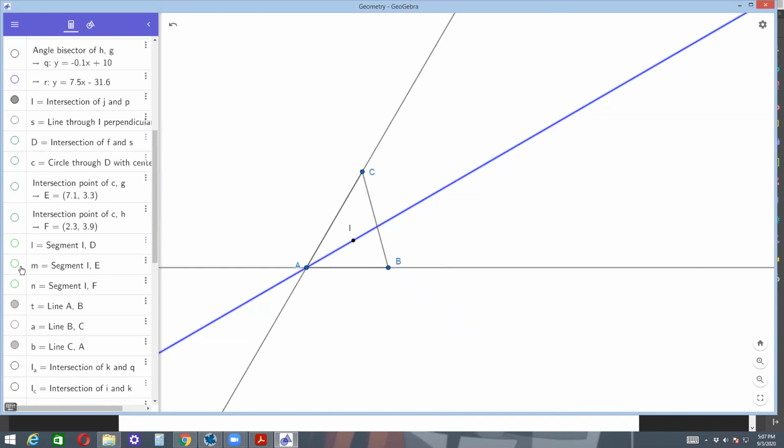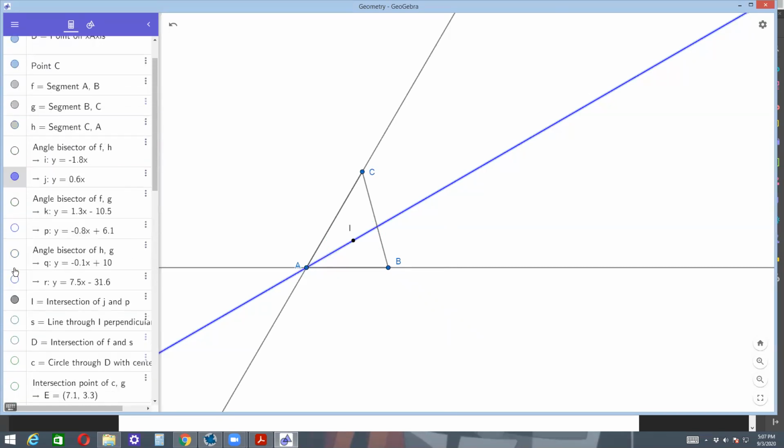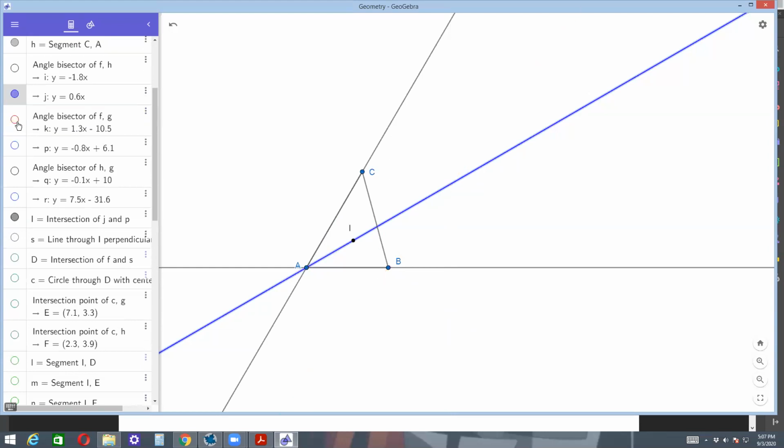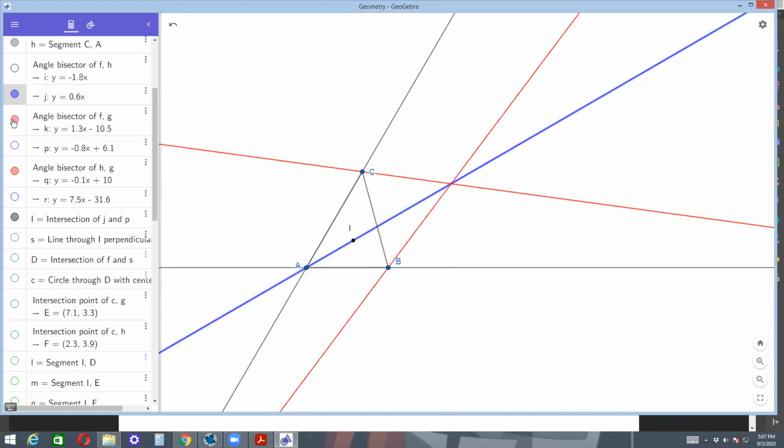Oh, it's up here. Right, so this is the line. So if I bisect this, I'll get this red line here. And let me bisect this angle down here as well.